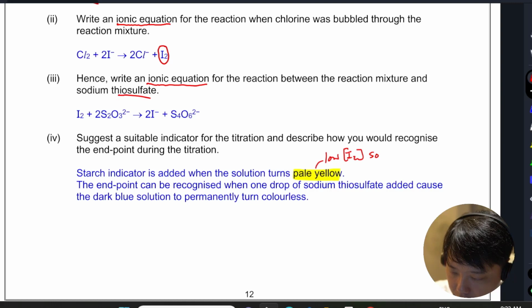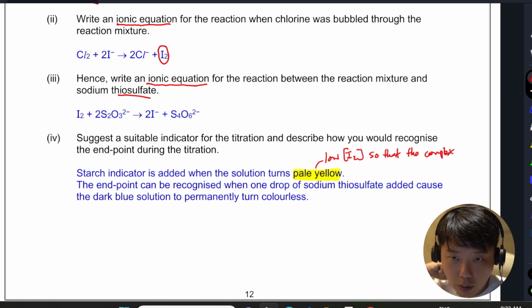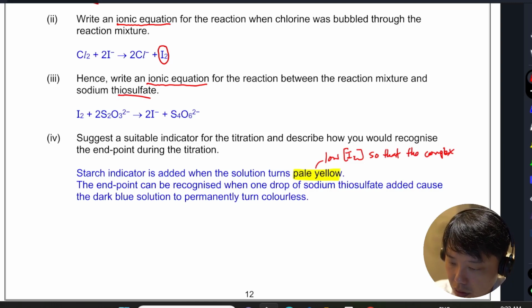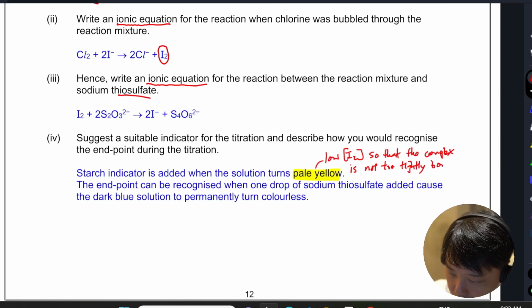so that the complex that iodine forms with the starch is not too tightly bonded.